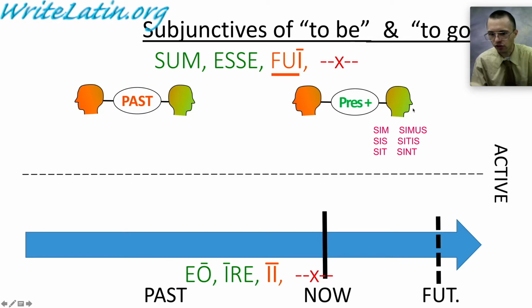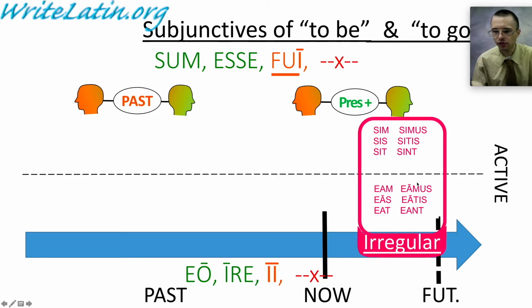So there, sum becomes sim, and eo, is, it, imus, itis, eunt becomes eam, eas, eat, eamus, eatis, eant. We shall go. And these two are irregular, just in this subjunctive tense only. The others follow the rules.